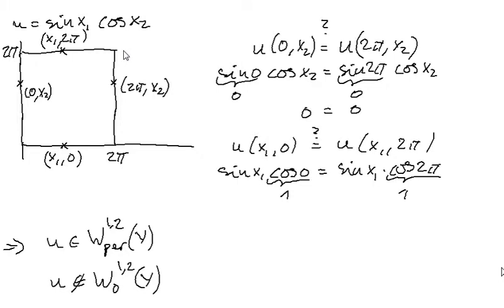Now we try to answer the question whether u is a member of W pair, and what we are going to check is whether u of 0, x2 is equal to u of 2 pi, x2, because remember that our omega is now from 0 to 2 pi, and from 0 to 2 pi in the y direction as well.